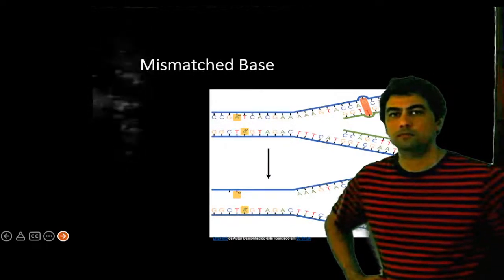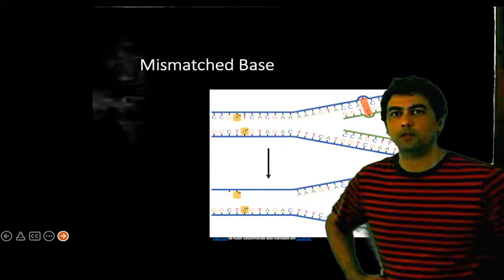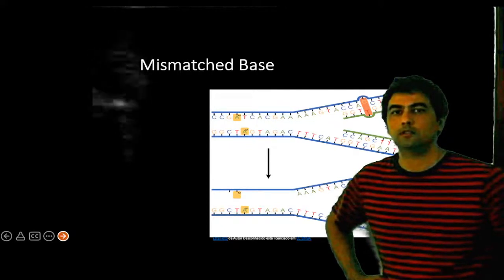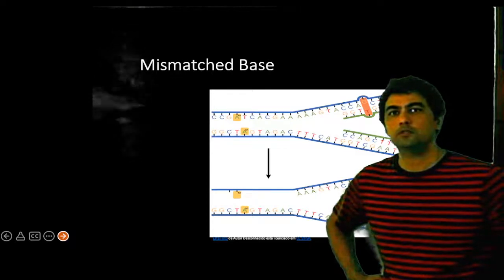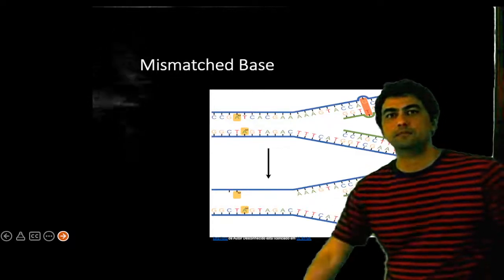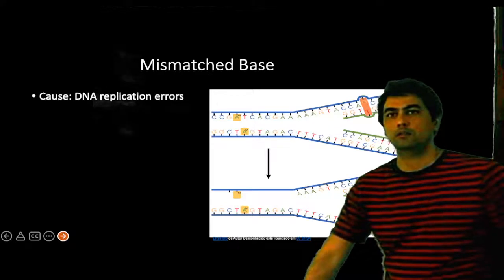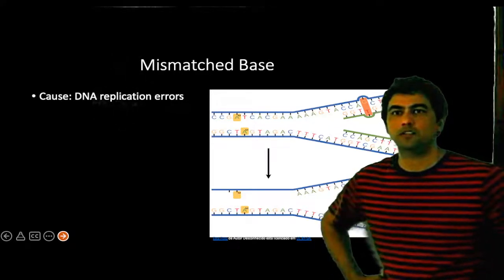The other error in DNA replication occurs with a mismatched base, causing DNA replication errors.